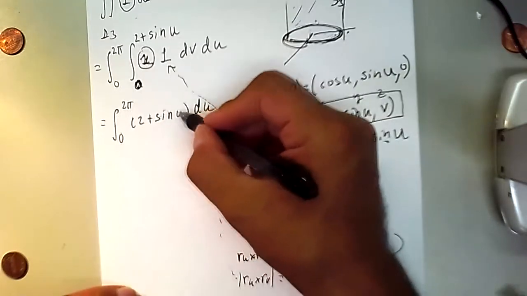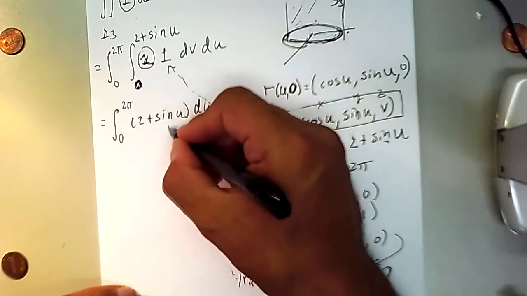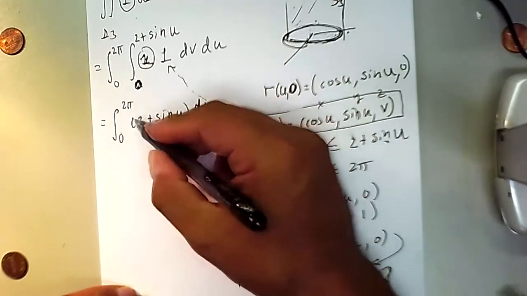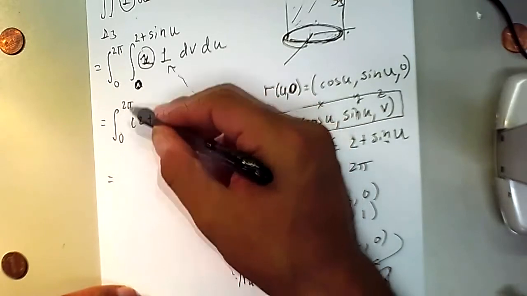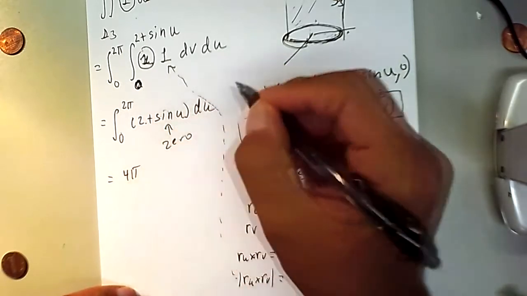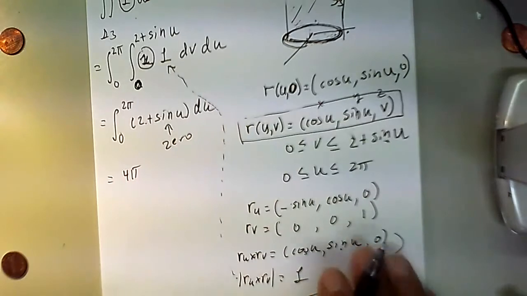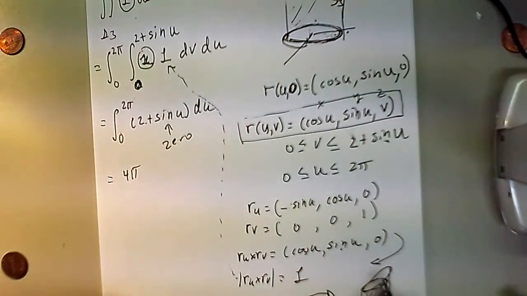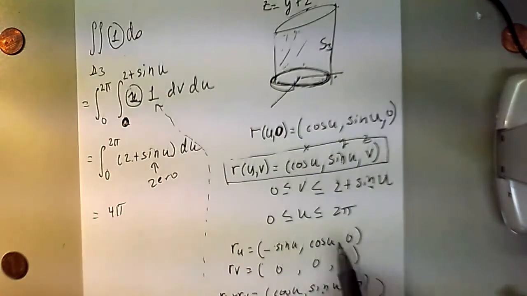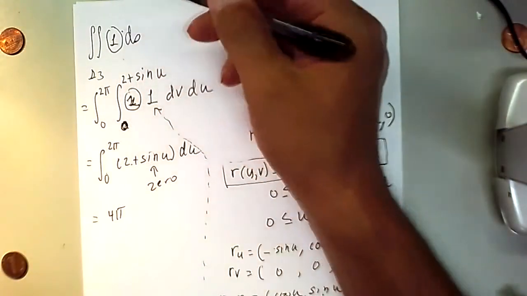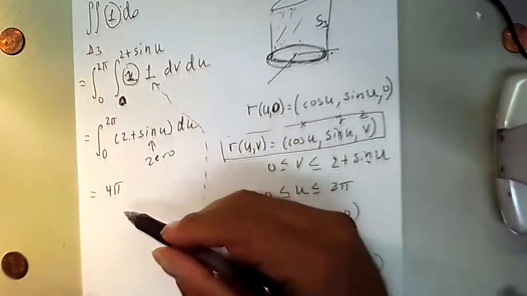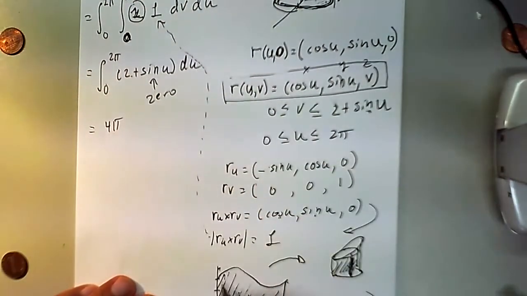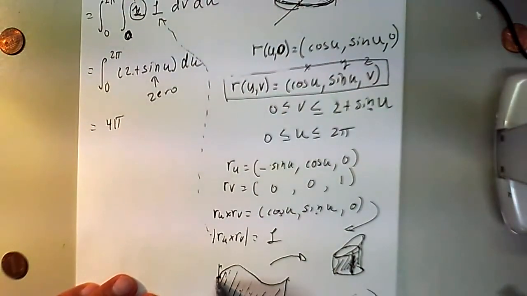Integrating sine of u from 0 to 2 pi gives 0, so we end up with just 2 from 0 to 2 pi, which is 4 pi. By the way, when we integrate 1, we're finding the area. So the area of this is 4 pi, which makes sense because this height is 2.